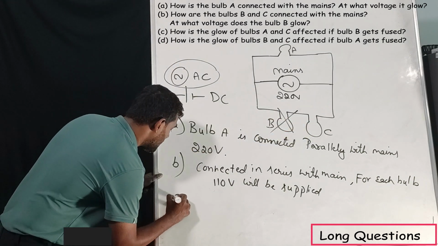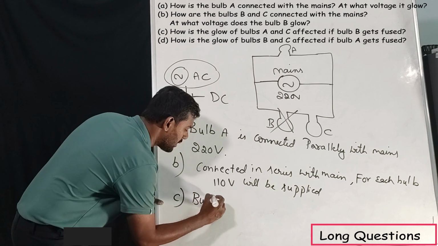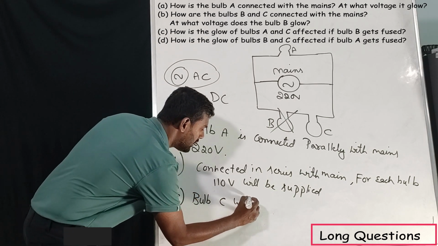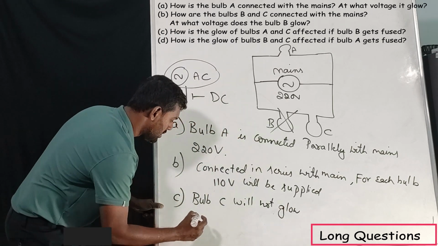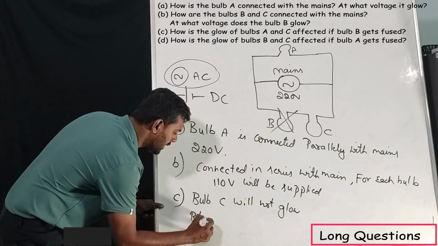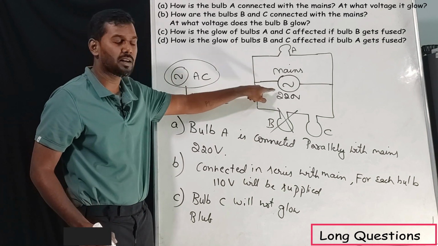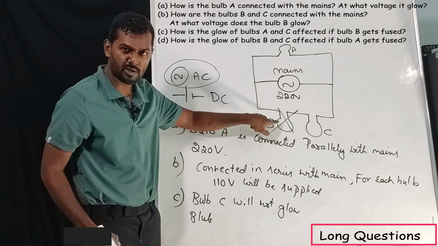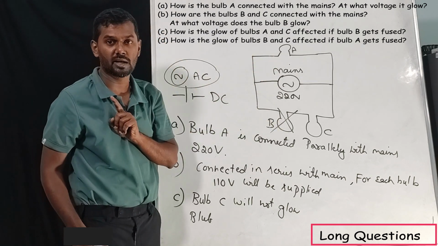So bulb C will not glow. And for bulb A, see, how is it connected with the mains? It is parallel. Even though there is a problem here, this will never affect this one. That is the main advantage of parallel connection.